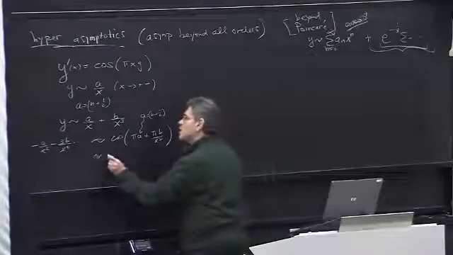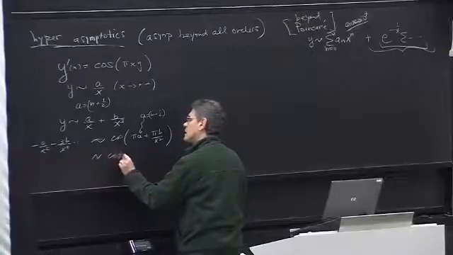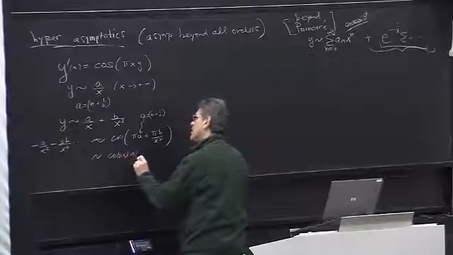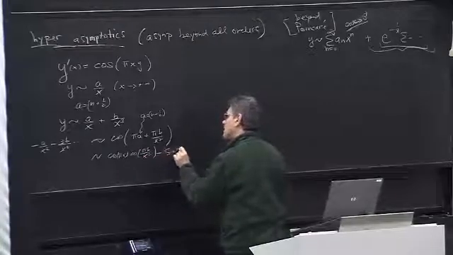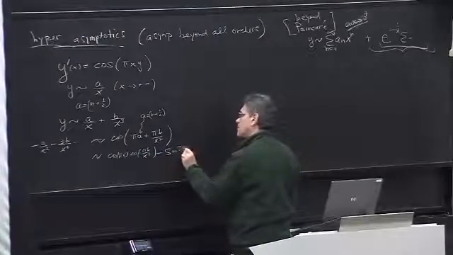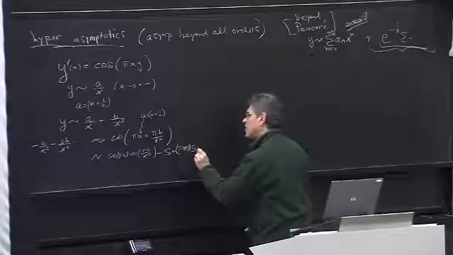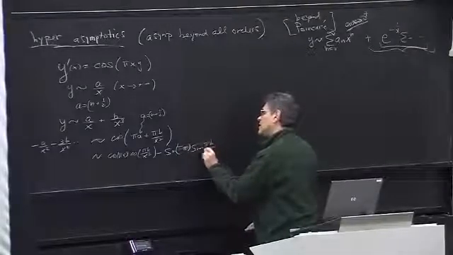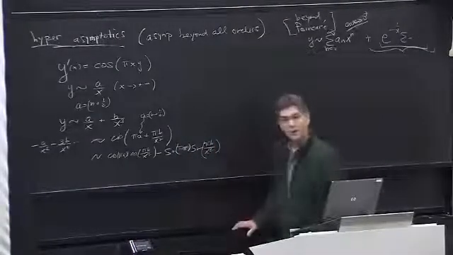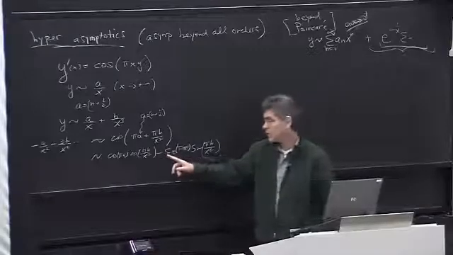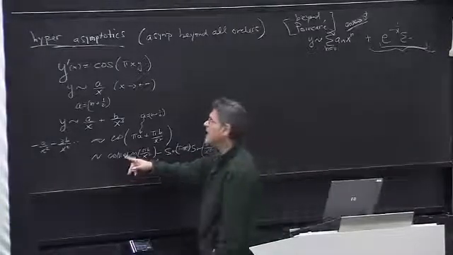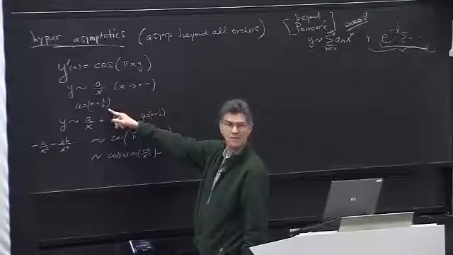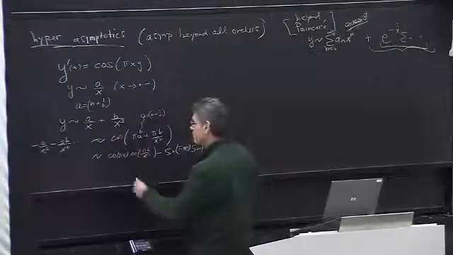So I know what cosine of a plus b is. This would be cosine of pi a cosine of pi b over x squared minus sine of pi a times sine of pi b over x squared. Cosine, cosine, minus sine, sine. What is cosine of pi a if a is n plus 1/2? 0. So this is 0.